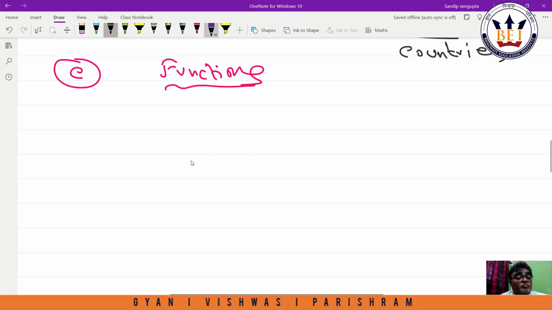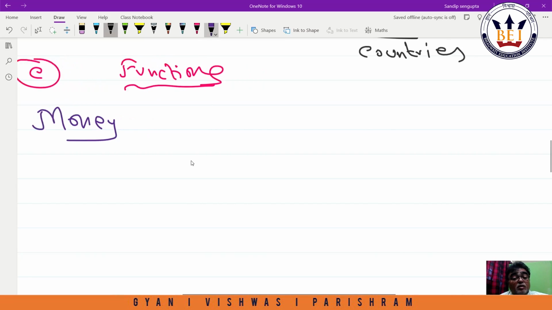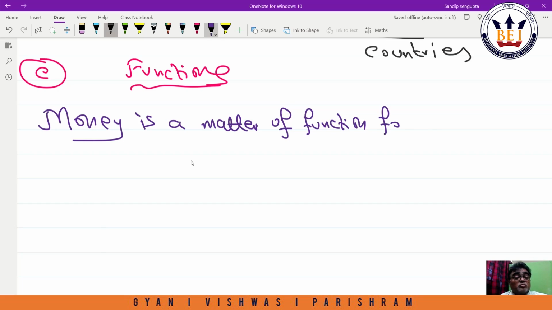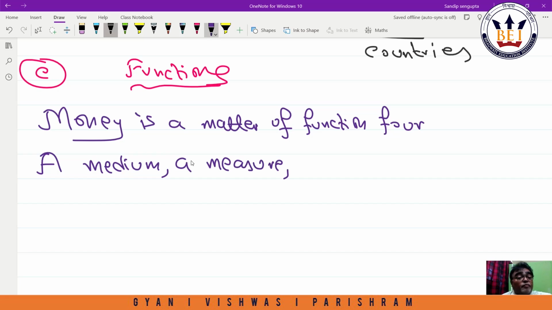The couplet is, beta: money is a matter of function four, a medium, a measure, a standard, and a store.